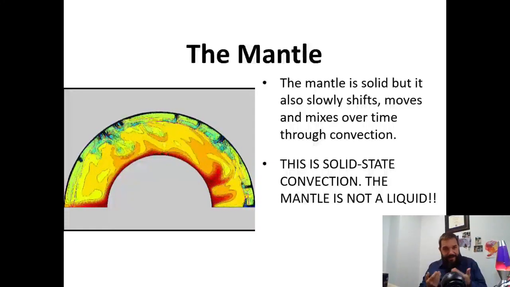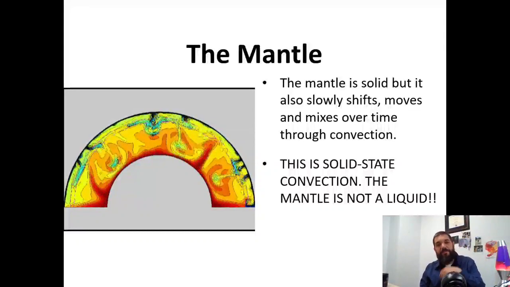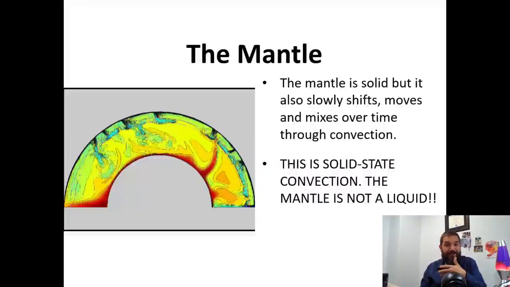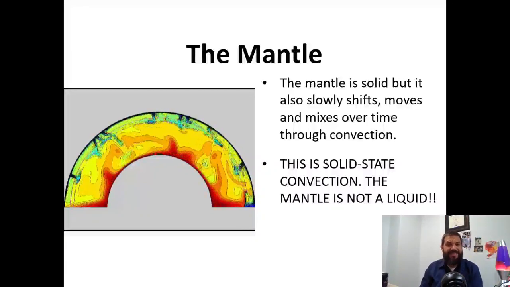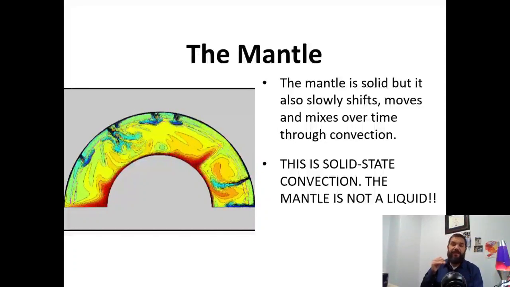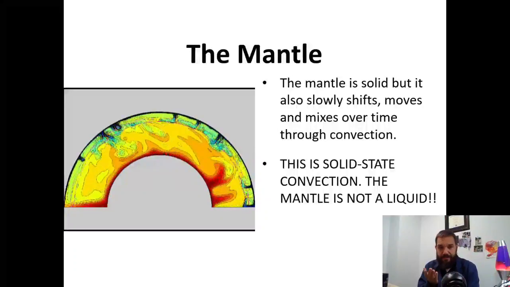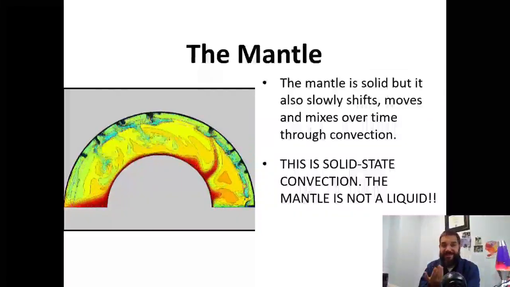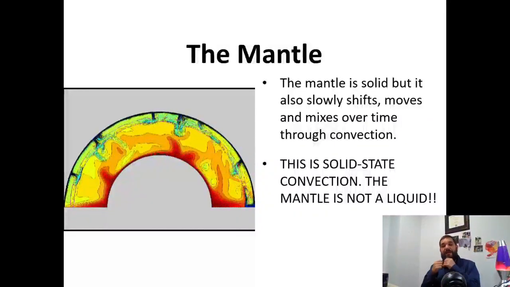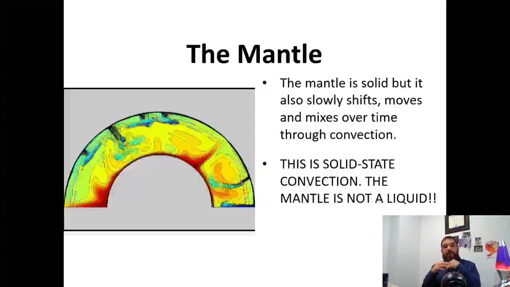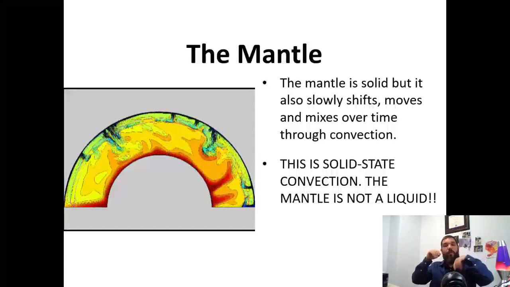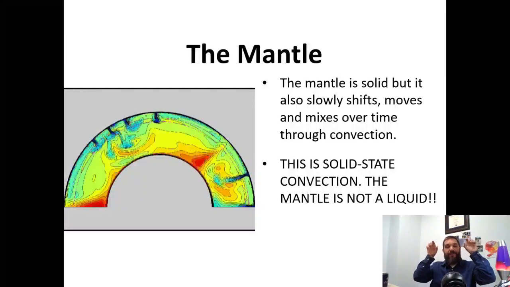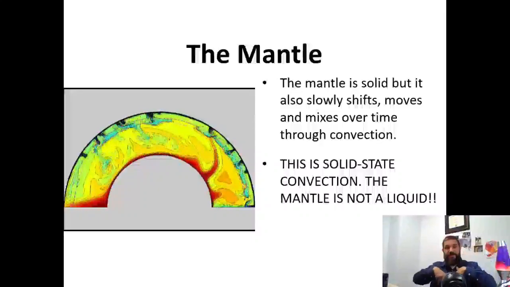Same exact thing happens to Earth. The core is 4,000 to 5,000 degrees Celsius. The top of the mantle is still very hot, but relatively cold compared to the bottom, 600 degrees Celsius. So that material at the bottom becomes buoyant. It wants to rise, while the material at the top becomes dense and cold, and it wants to sink.